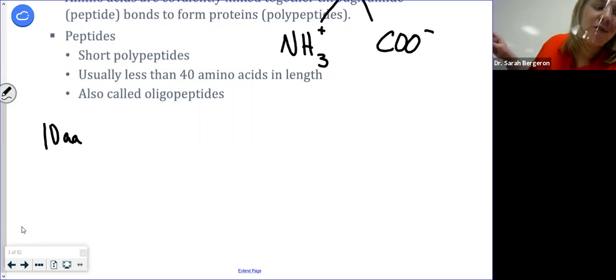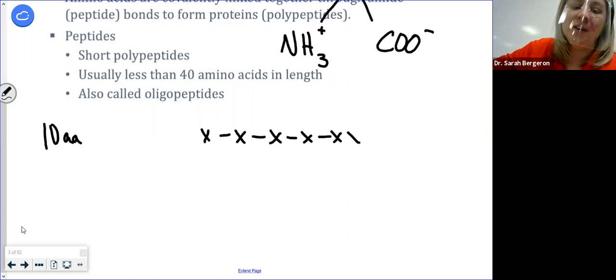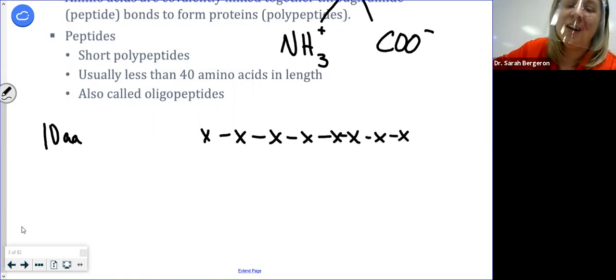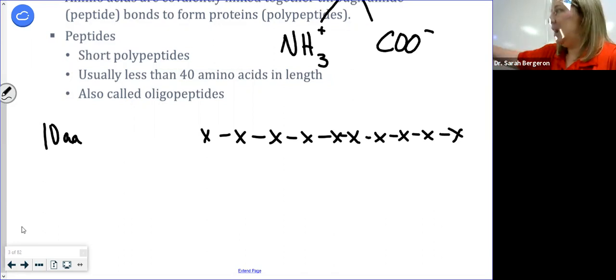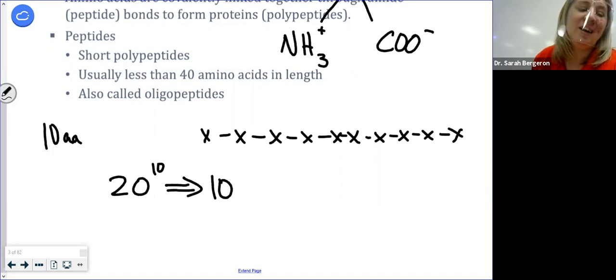At each place, how many different things could we have? If I have 1, 2, 3, 4, 5, 6, 7, 8, 9, 10, here's my peptide, and each of the X's is an amino acid. At each X, how many different things could be there? 20. How many different X's do I have? 10. That's how you do the math. So that is 10 trillion possibilities.